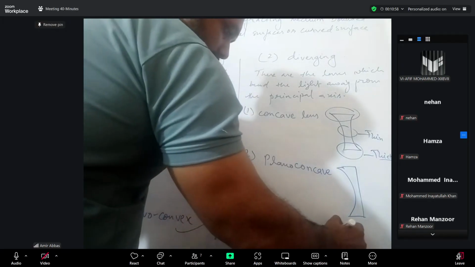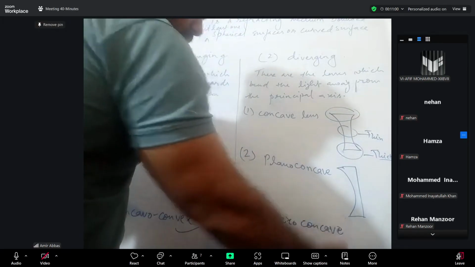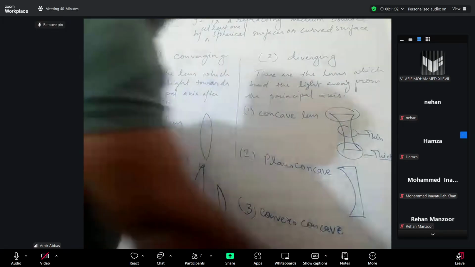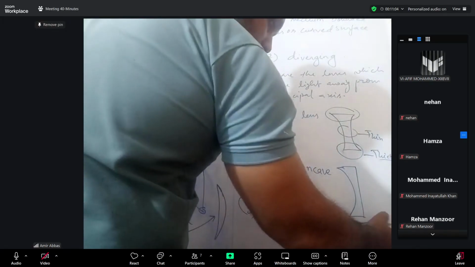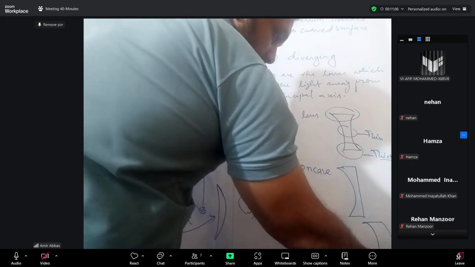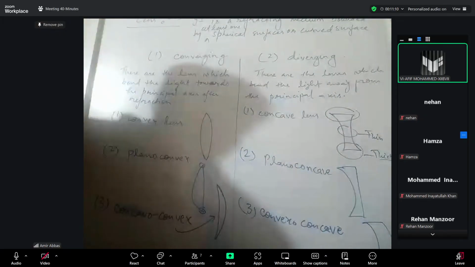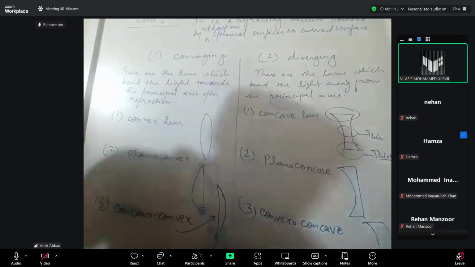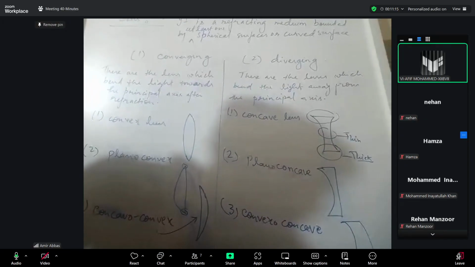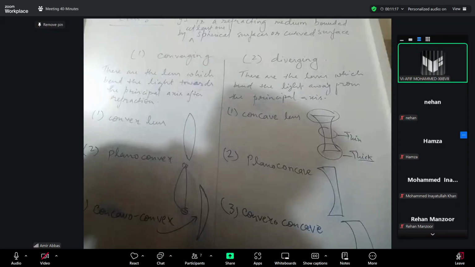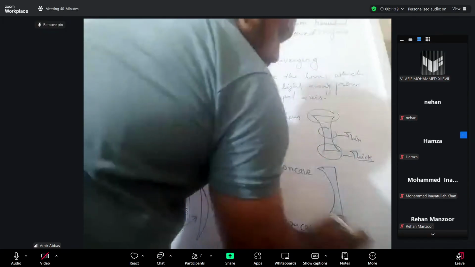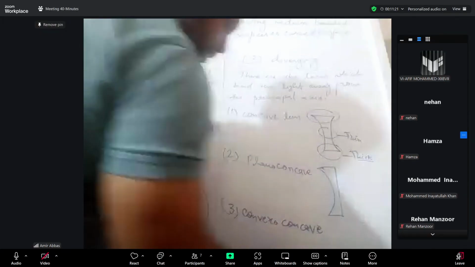Third one is convexo-concave. What kind of shape is it having? The previous one that I have drawn like this. Instead of here, I am making it over here.